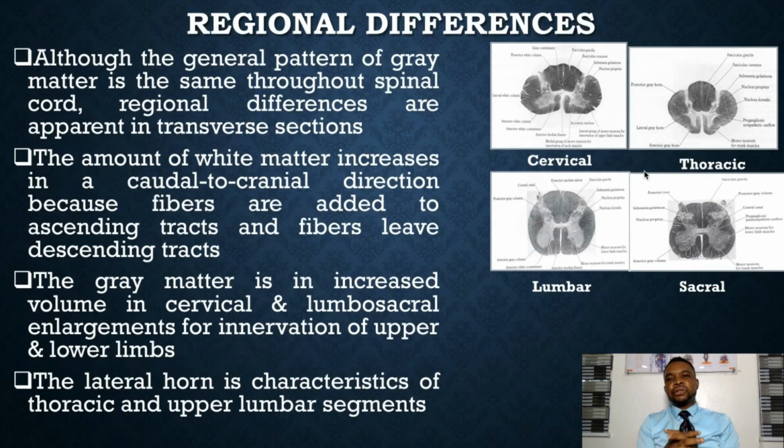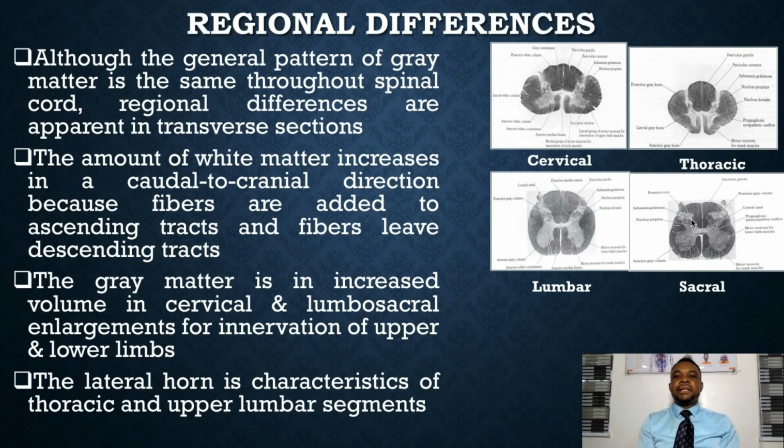Now, it is important to note that at different regions of the vertebral column, the spinal cord has some variation. You can see it at the level of the cervical vertebrae here, at the level of the thoracic here, at the level of the lumbar here, and at the level of the sacral vertebrae here. So the shape and size of the spinal cord differ.